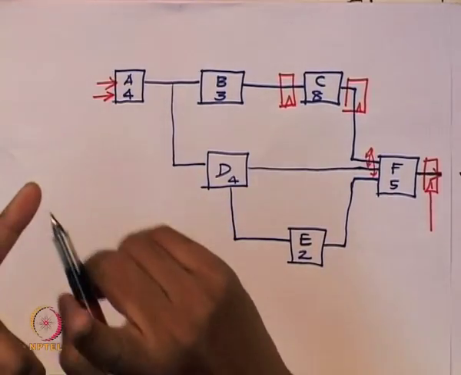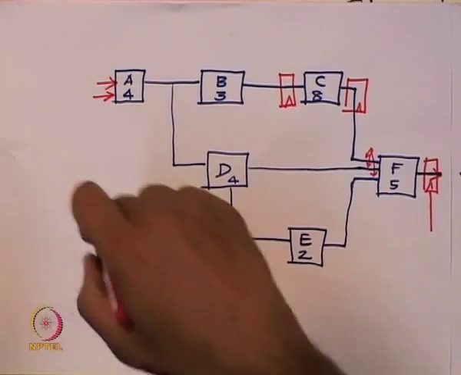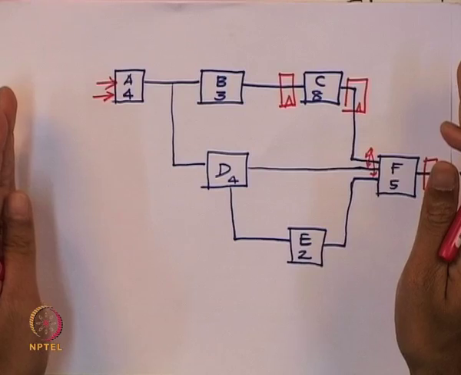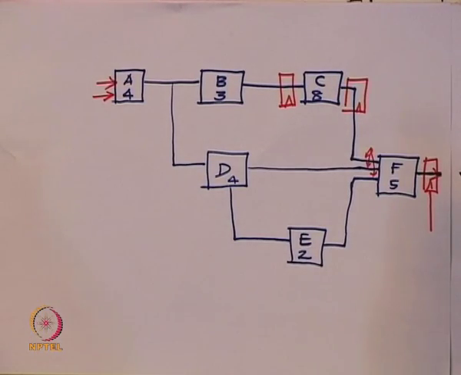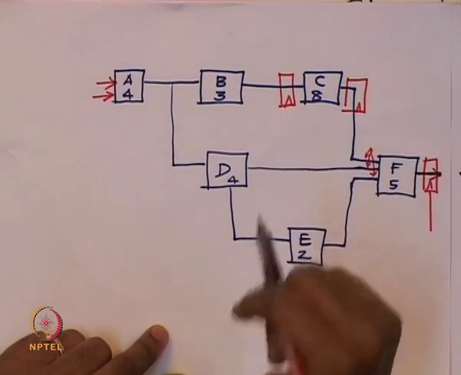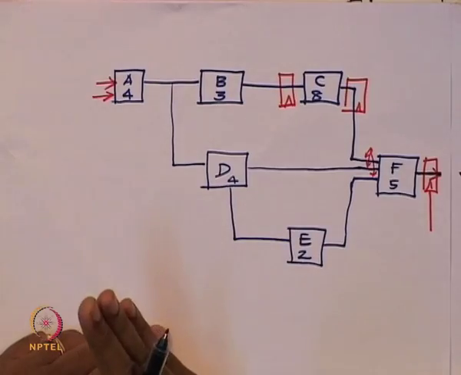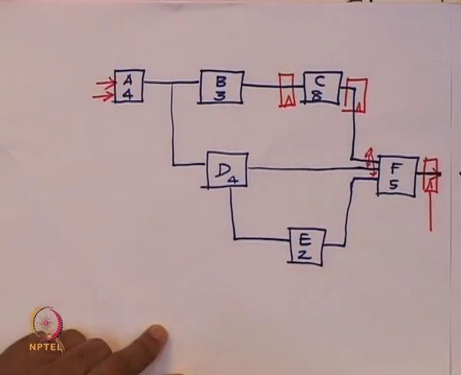One is I want to improve the throughput of this system. The combinational delay is 20 nanoseconds, so the throughput is 1 by 20 nanoseconds, and I want to improve that. At the same time it should be a well formed k stage pipeline. I do not have a k in mind, I want to design a well formed k stage pipeline.